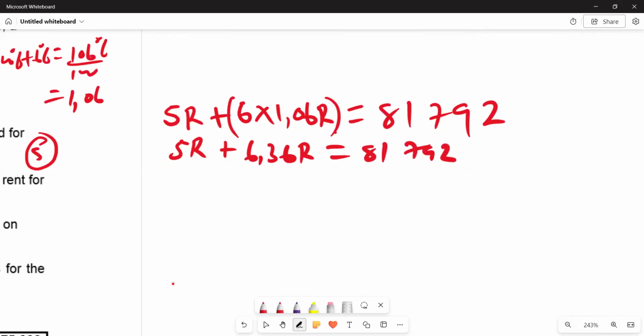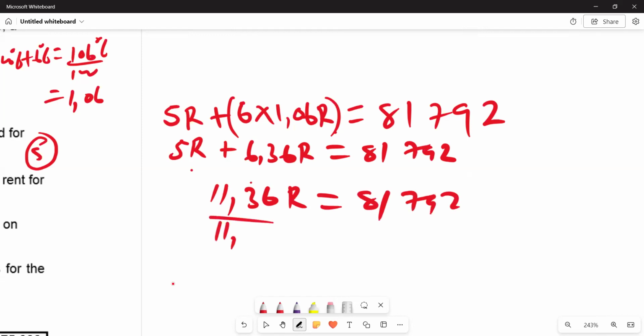Remember, these are like terms. You can add them, and they become 11.36 R equal to 81,792. Then we divide both sides by 11.36 so that we are left with R, making R equal to 81,792 divided by 11.36.